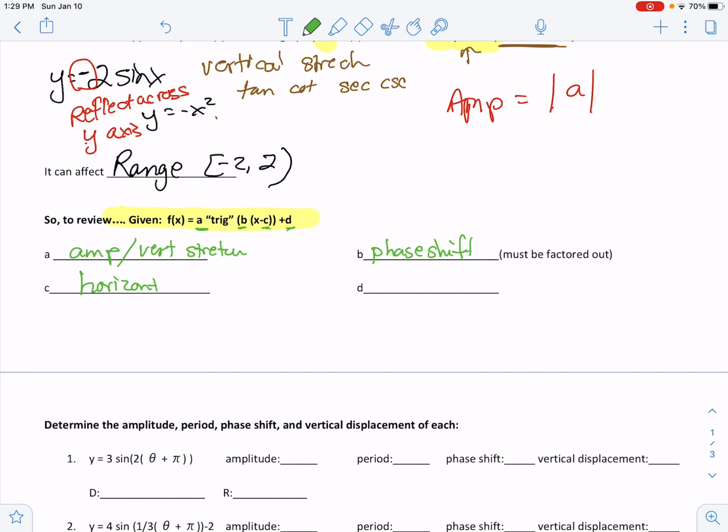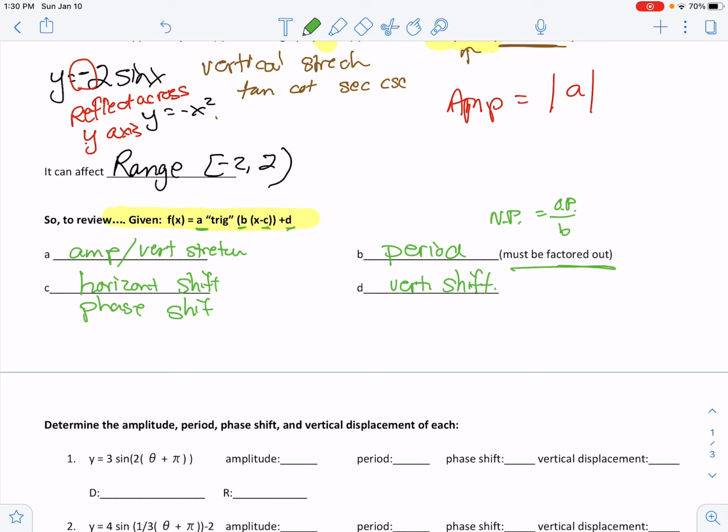No, I was wrong. This is a shift, which is a phase shift. I lied. That's a phase shift. This, silly, should be the period. And remember, the new period is the old period divided by B. And D is vertical shift, or vertical displacement, whatever you want to call it. Alrighty?